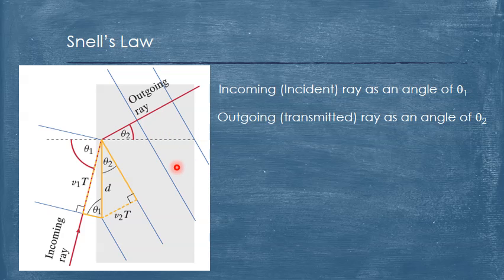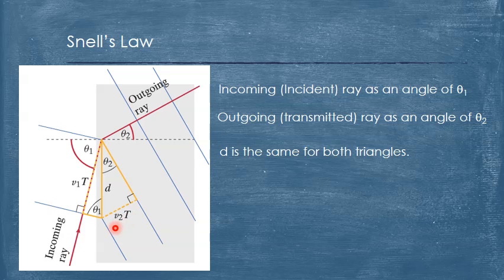Now what we're going to do here is, you see this triangle, D is the same for both triangles. On the opposite side of the triangle here, you have this distance right here, and that distance is equivalent to the velocity of the wave in the new medium, medium 2, times the period.